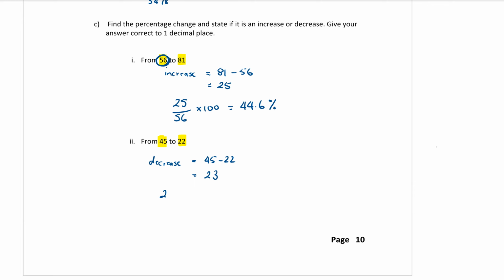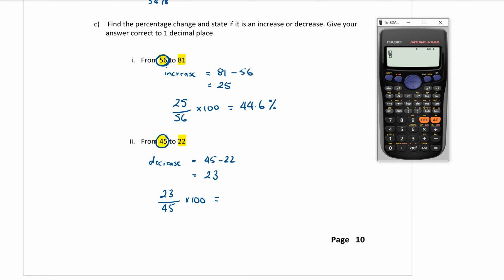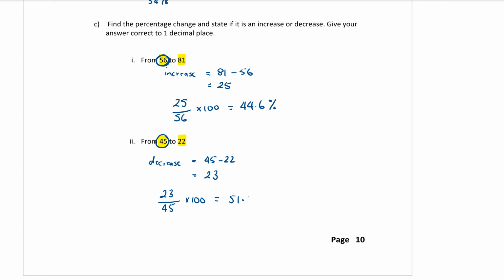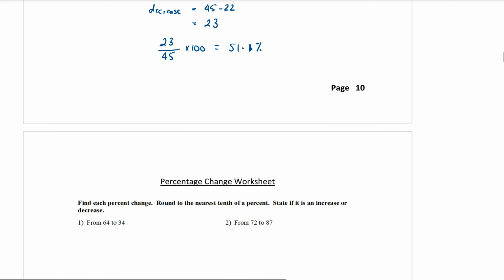So 23, we put that over the starting amount, which is 45, and we times by 100. Press the SD button for the decimal. So we want 51.1. We want to round everything off after that. Because it's ones, we will round down to be 51.1%. That's it. Now it's time for you to practice on these next questions here.